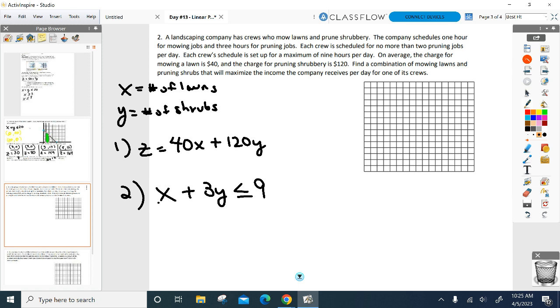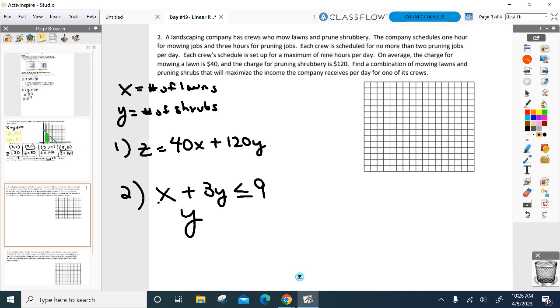And there's one more restriction up there. What's the other restriction I got to pay attention to? I got the max of 9 hours a day. The intercepts. No more than 2. I can only do 2 shrubs a day. So this is only going to be y, and I'm not putting the 3 with it because I'm not talking hours.